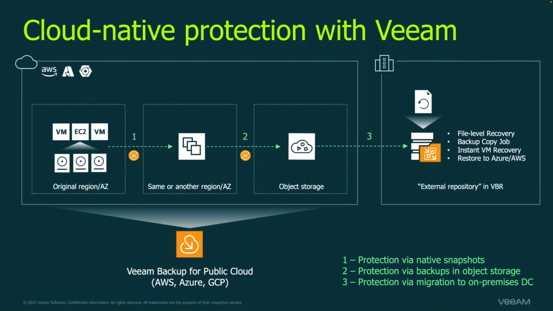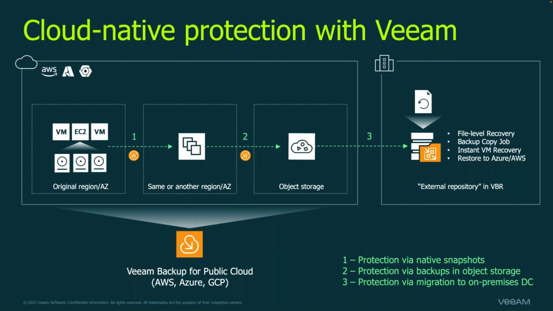What Veeam Cloud Native Protection offers is data protection for your workload through three scenarios. One is using the native snapshots within AWS, snapshotting your EC2 to an EBS, allowing you to replicate to the same region or a different region of your choice.